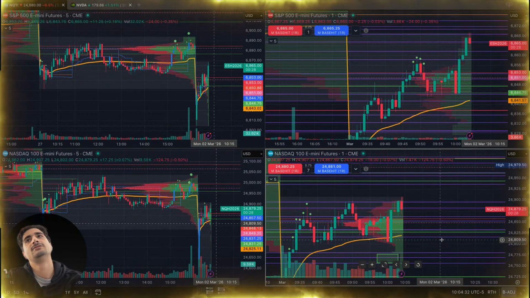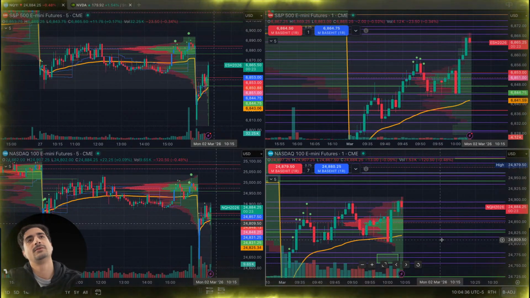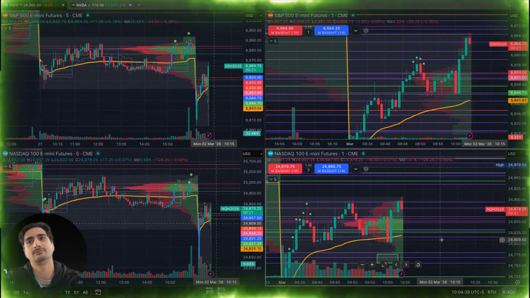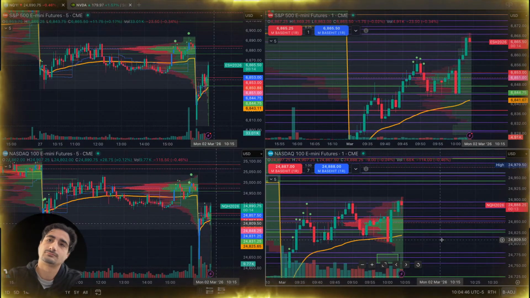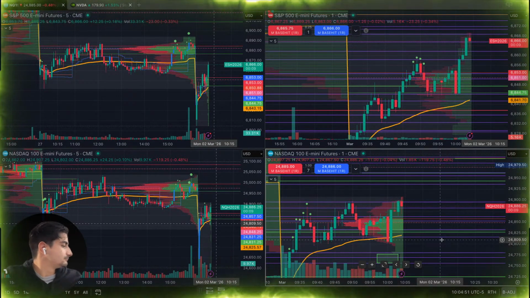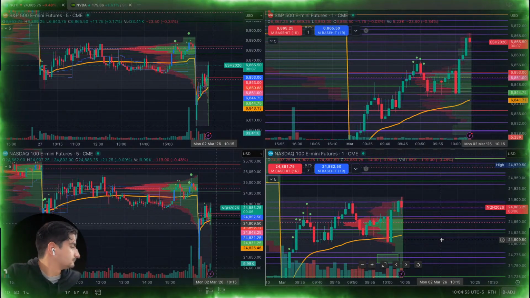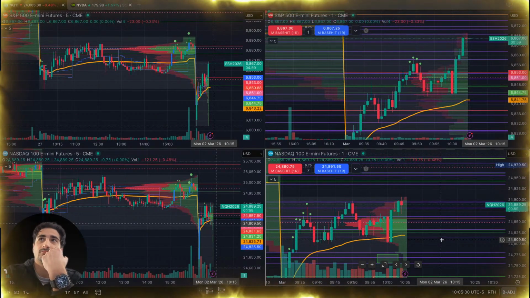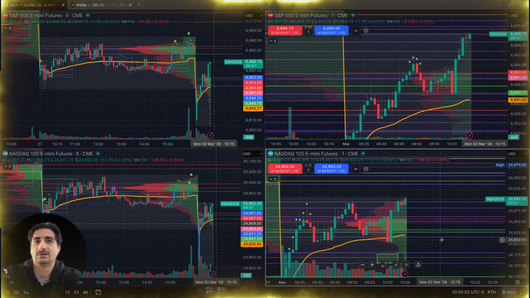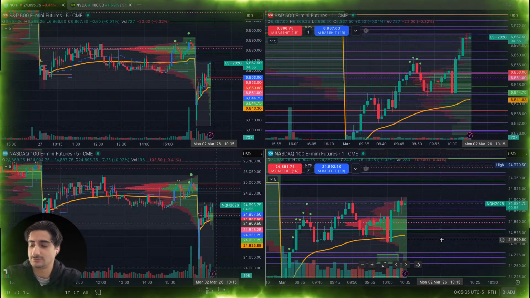A little bit of a divergence here. NQ making a new high, SPY double top. Decent close, but this divergence got me a little bit worried.